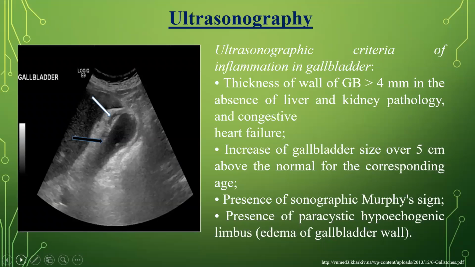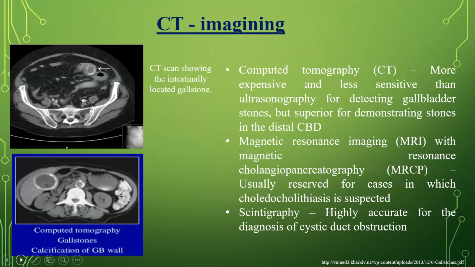Also, in patients with chronic cholecystitis during ultrasonography, you can detect increasing size and density of the wall, gallbladder inflammation, or detect a complication if present.